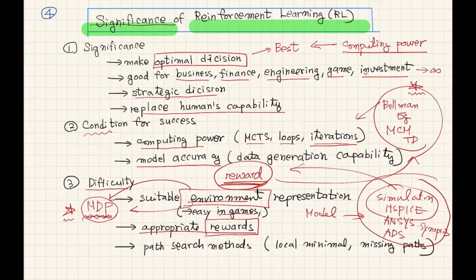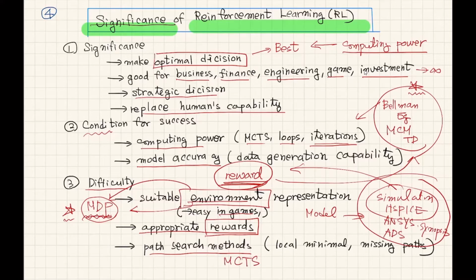And also you have to find a good path search method. Reinforcement learning is a method where you try many different cases and find the best decision, so you have to find the best search method. And at the end of class, we're going to talk about Monte Carlo tree search, which is one of the methods.